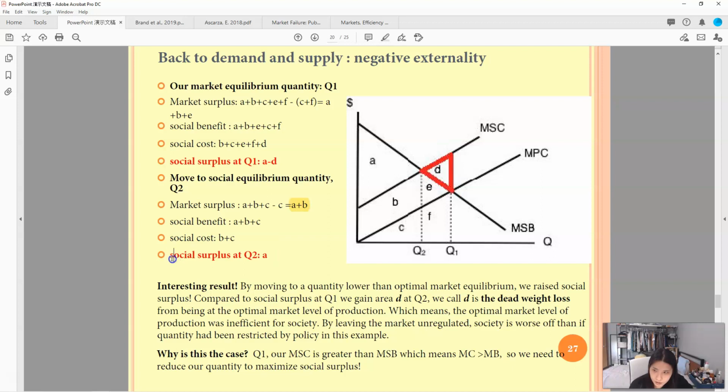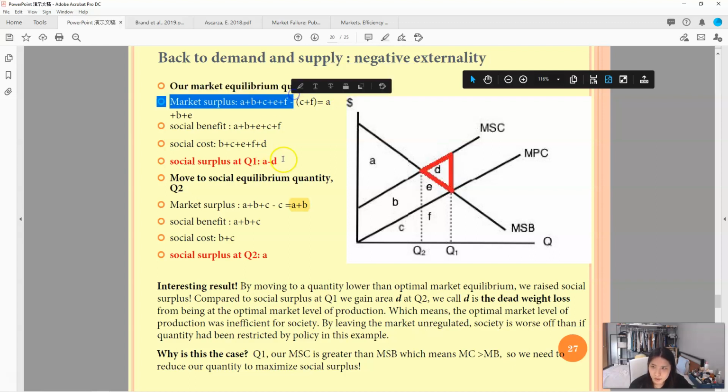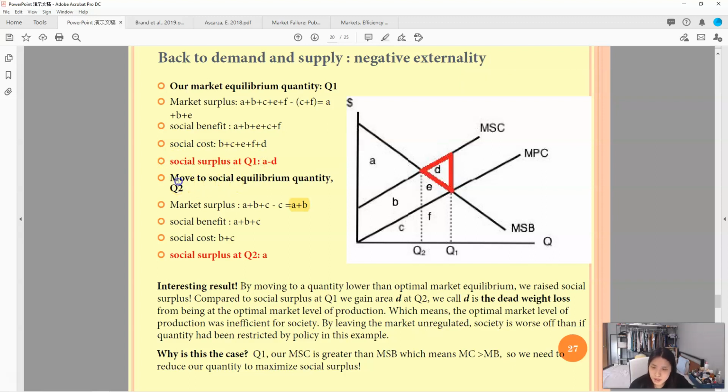So what do we find now? At the market equilibrium quantity Q1, our social surplus is A minus D, but at the social equilibrium quantity, our social surplus is A. What do you find? That means the market optimal level is not equal to the social optimal level.